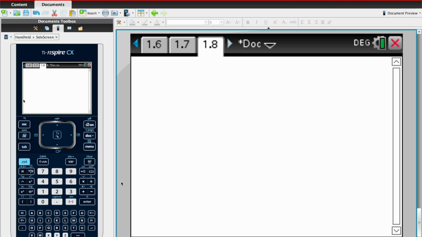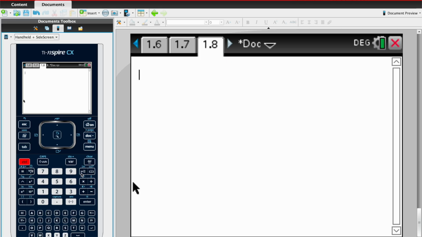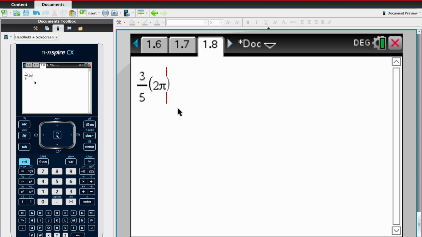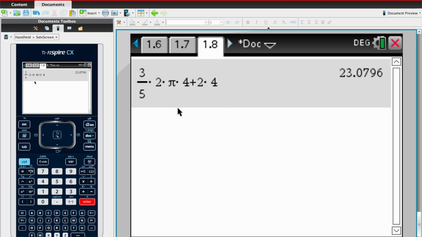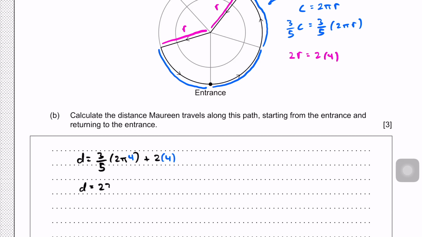Set up a fraction: 3/5 multiplied by 2 pi r, which is equal to 4, plus 2 times 4. Here we are. Total distance traveled is 23.0796, or 23.1 meters. Distance is equal to 23.1 meters.